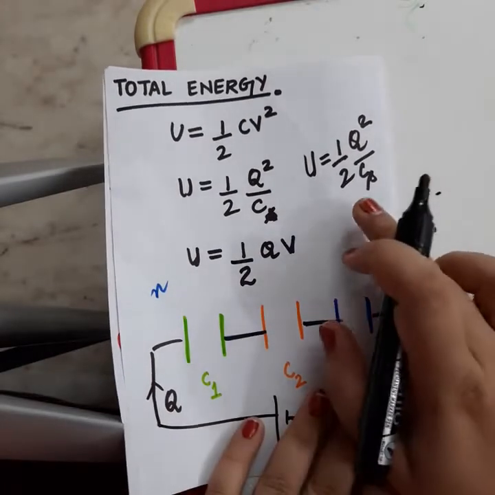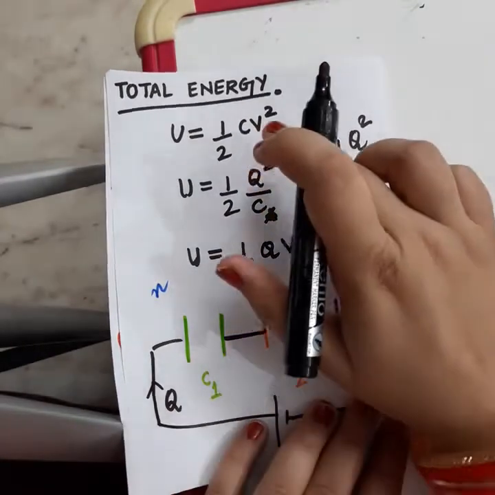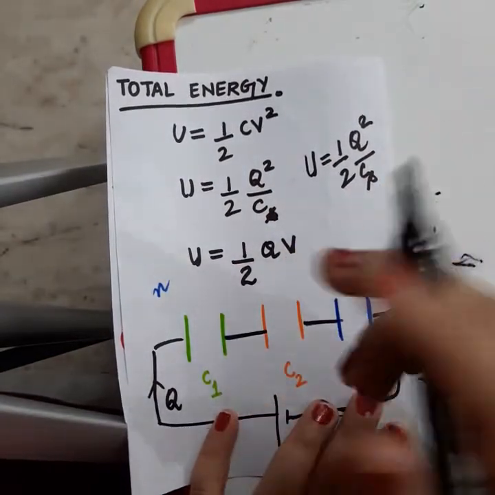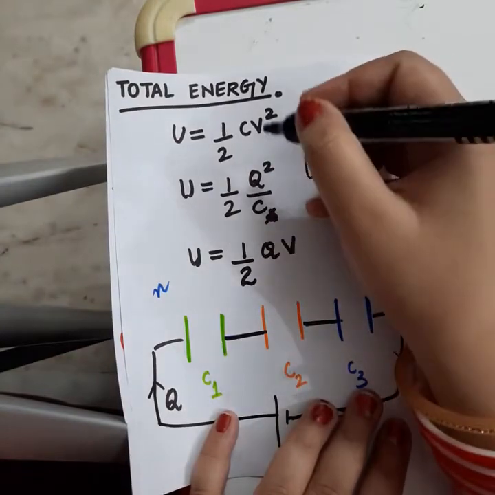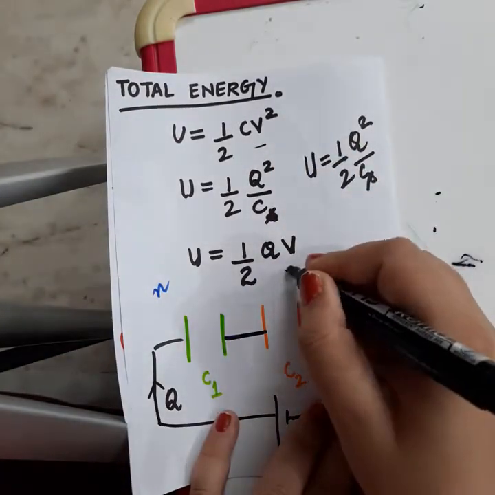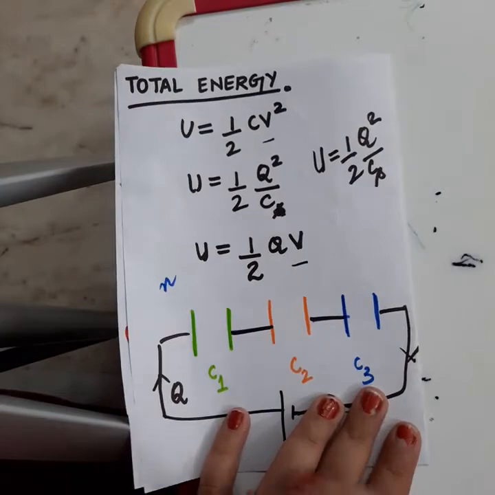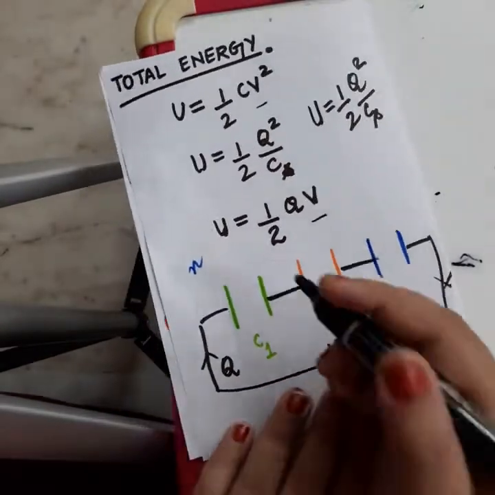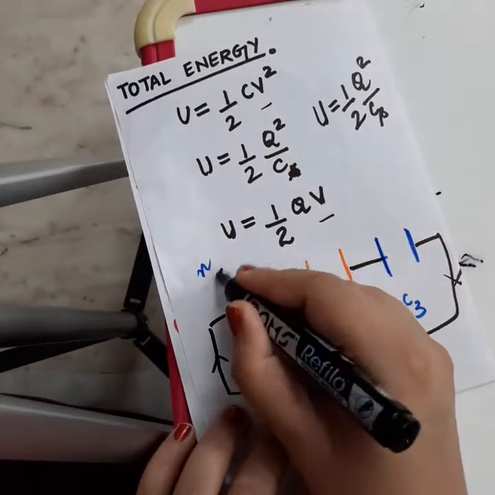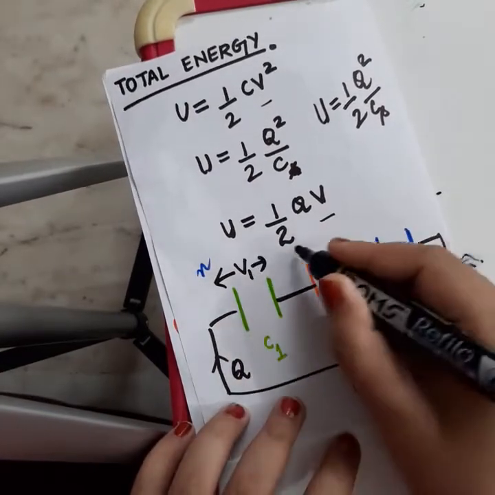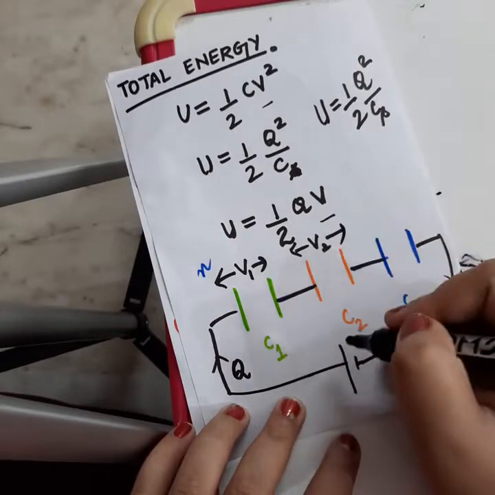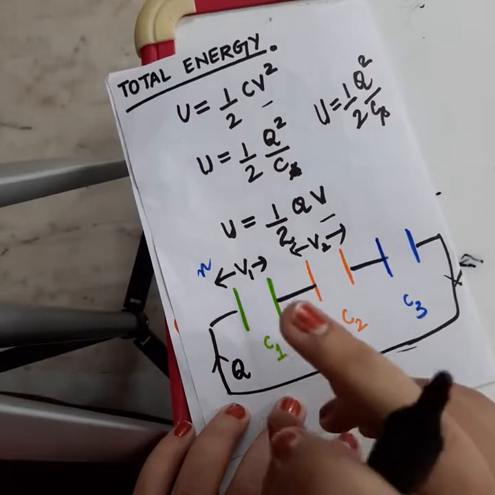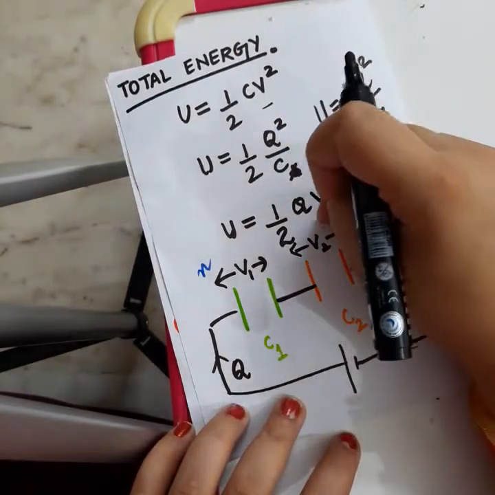See why I have used this expression only and not the other two expressions. There are two reasons. Reason number one, these two expressions involve potential difference, and we know that in series combination potential difference does not remain constant because every capacitor has its individual potential difference developed across its ends. So in order to avoid that chaos, we avoid these two expressions.